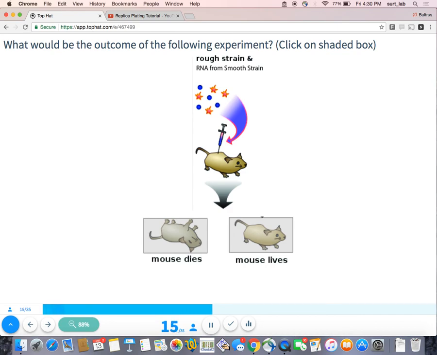So I'll give you another minute to figure things out. Last day you can purchase Top Hat, whenever. It's in the syllabus somewhere. It's 467499.